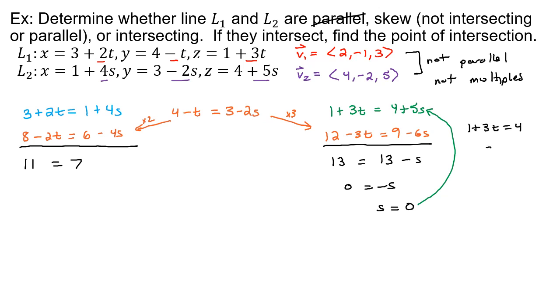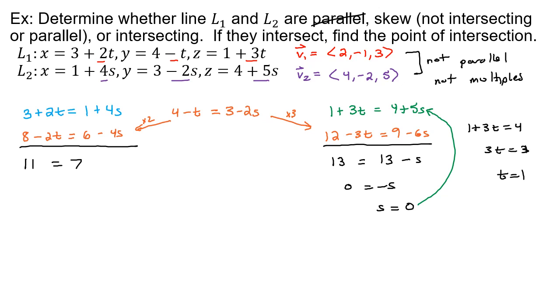Subtract that off, and you can say, oh, t must have been 1. Okay, so if s is 0 and t is 1, that works for the z part. Would that work for all of them, though? If I was to plug 1 back into the very first one with the x's, if I was to plug in 1 for t and 0 for s, would that work?